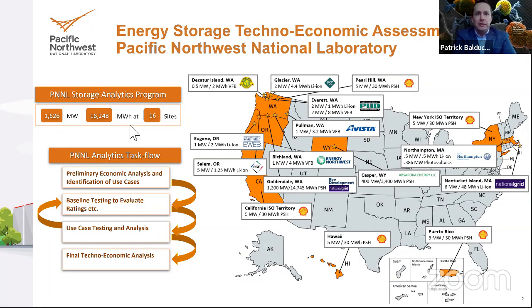And this shows you some of our ongoing demonstration projects that we are completing at Pacific Northwest National Laboratory. You can see that we're evaluating 1.6 gigawatts, 18.2 gigawatt hours of energy storage at 16 sites across the US.